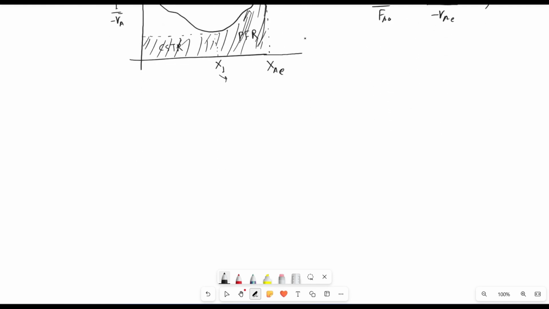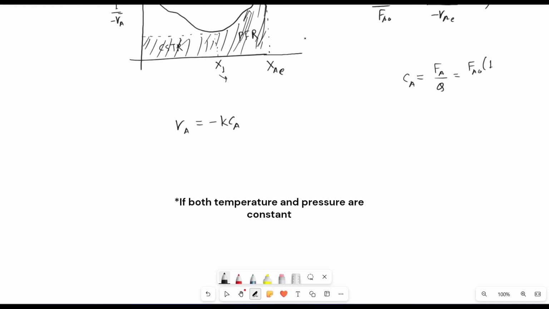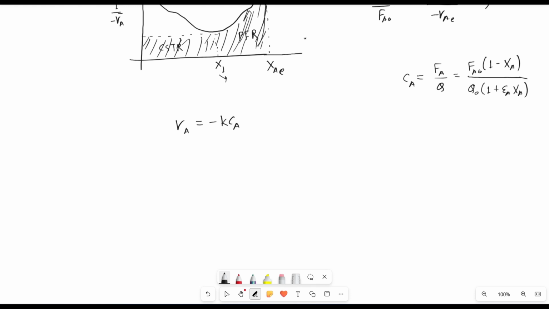Now let us take a generic case, a general nth order reaction, Ra is equal to minus K Ca^n, for a variable density system. Ca is equal to Fa by Q, which is Fa naught (1 minus Xa) divided by Q. If the temperature is constant, then Q can be written as Q naught (1 plus epsilon A Xa), which gives Ca equal to Ca naught (1 minus Xa) divided by (1 plus epsilon A Xa).